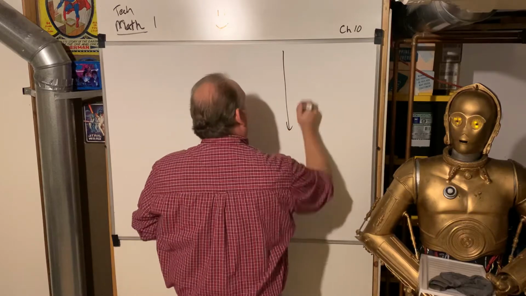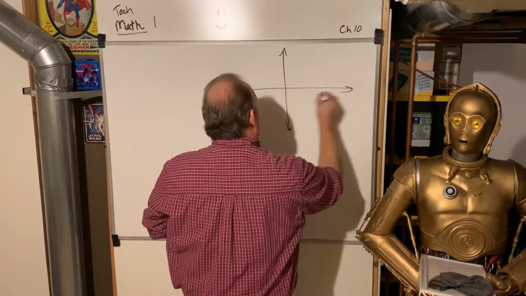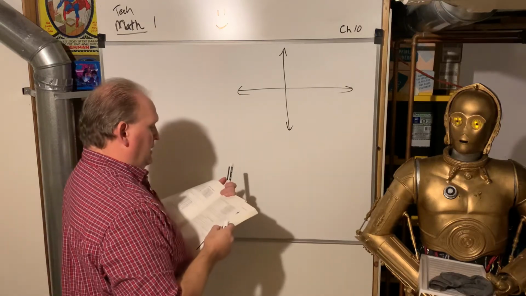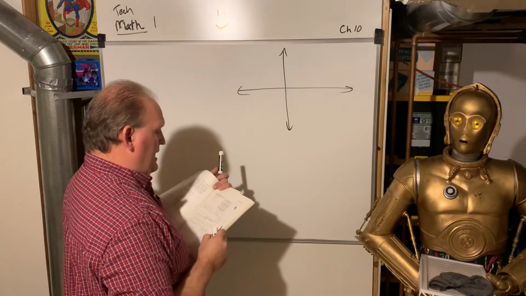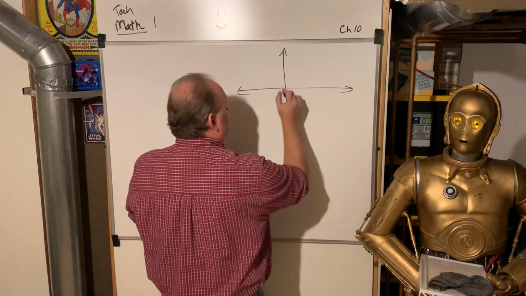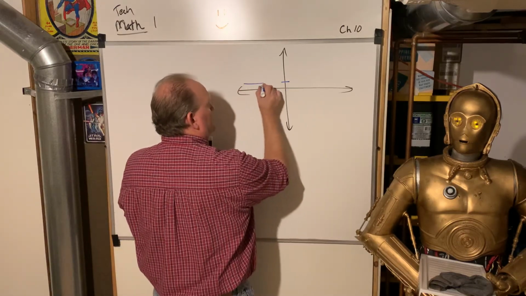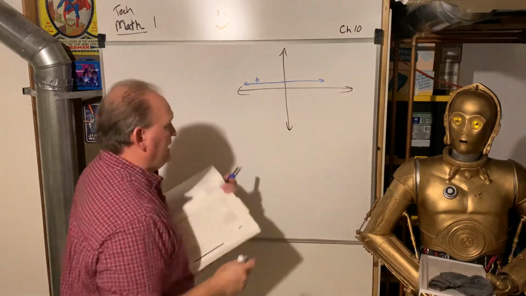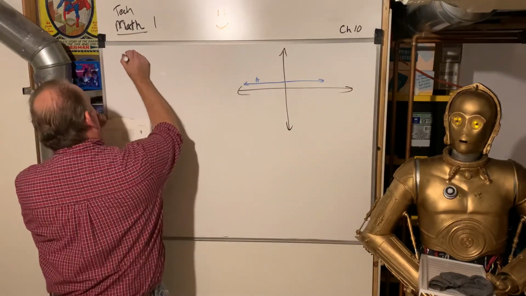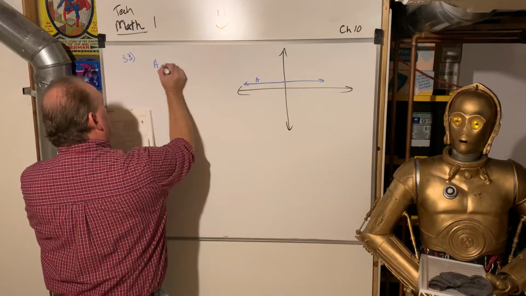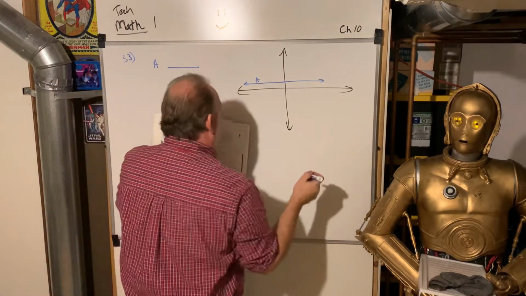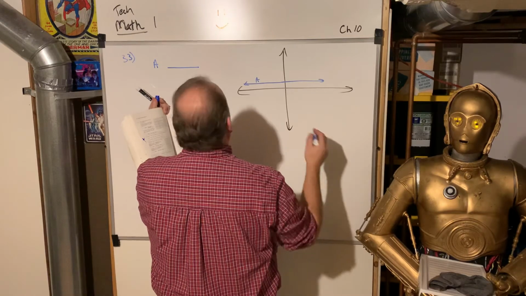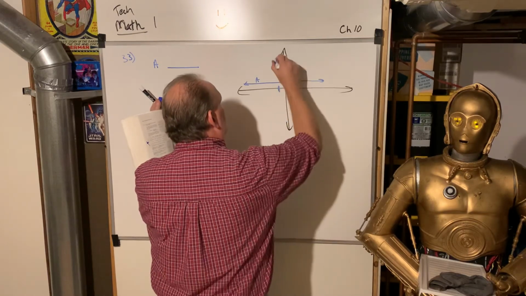So they have a bunch of graphs. Line A is right there, and they want the equation of that line. This is number 33. Line A, and they want the equation of the line. And then, let's see, they have line B, a vertical line through -1.